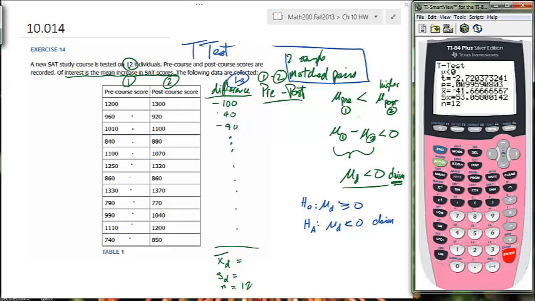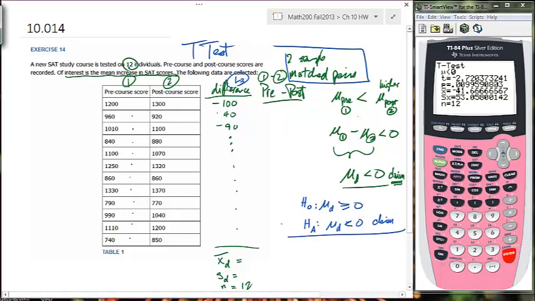So we got a t-test statistic. So let's write it down here. Test statistic is a t-value. That makes sense because we're using a t-test. A negative 2.72. Our p-value is 0.00995996.